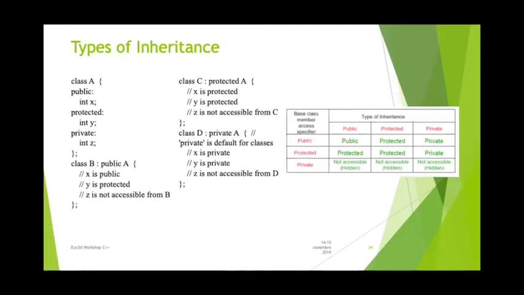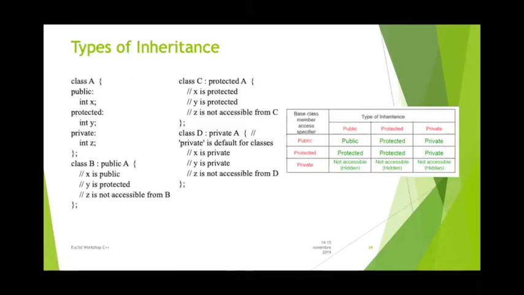But Z is private in class A, so we cannot use that in B because it's only used by class A. In class C, it's protected inheritance from A, so the public data member of the base class acts as a protected member, and the protected member also acts as a protected member. But Z is private and is not going to be accessed by this class.